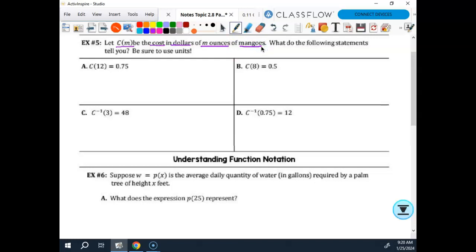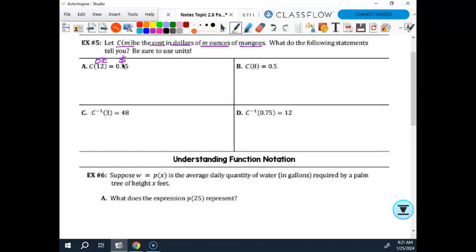Okay, so I have C of 12 equals 0.75. What are the units on the 12? Ounces. Okay, so this is ounces. And what are the units on this 0.75? Money, it's dollars, right? So I think if you think in terms of what the units are, it can kind of help you make sense of what's going on here.